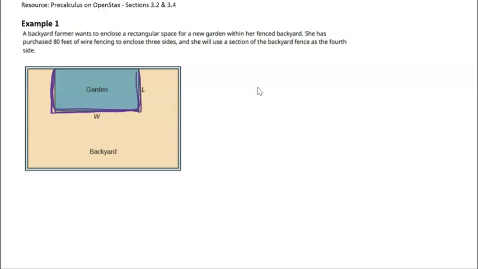The fourth side is going to be the fence, so we don't have to worry about putting any wire back there. What that means, I'm going to label this also with an L, is that L plus W plus L, or 2L plus W, must be equal to 80.